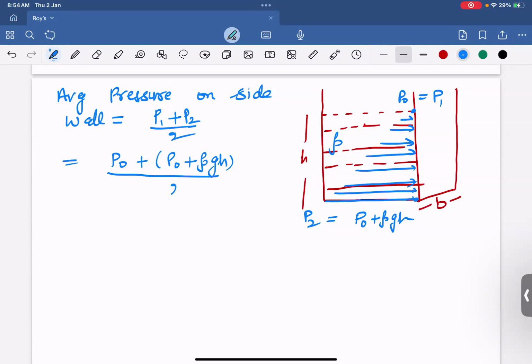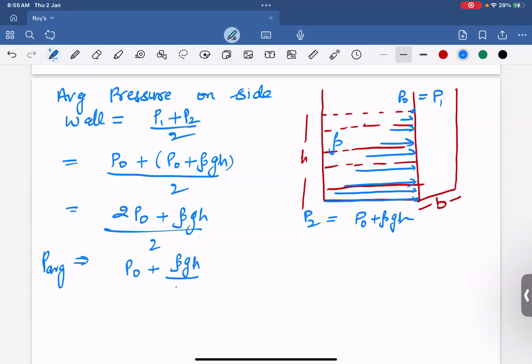So it is basically (2 P naught plus rho GH) by 2. If you take the average separately, then you find that P average equals P naught plus rho GH by 2. This is the average pressure.